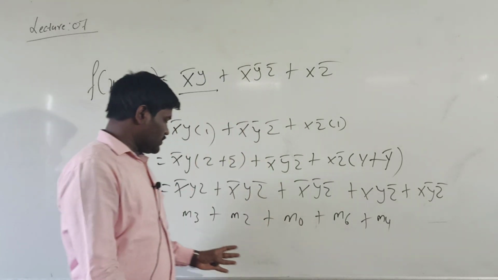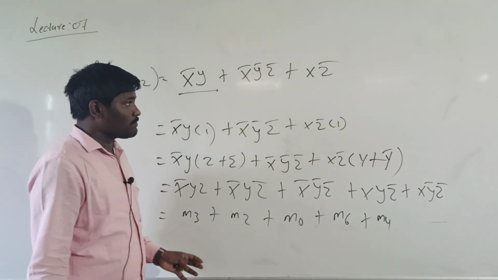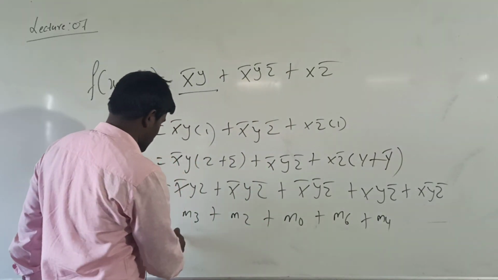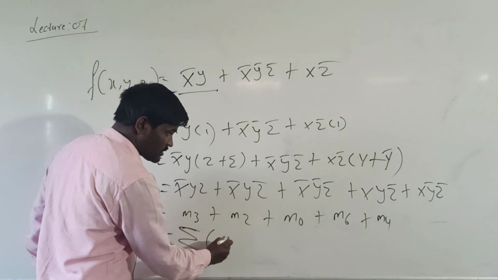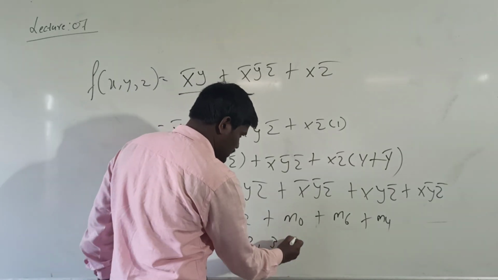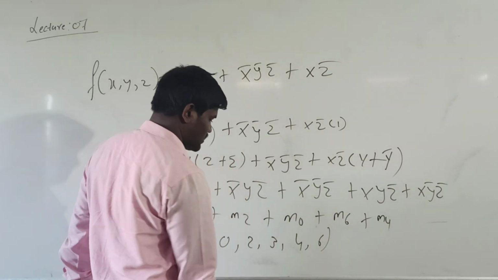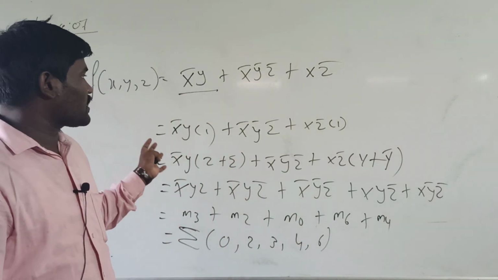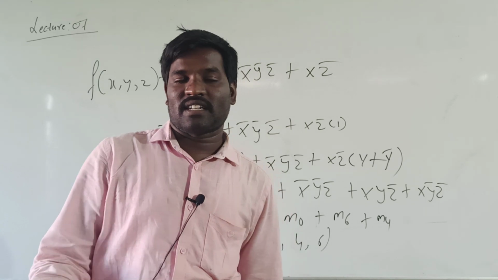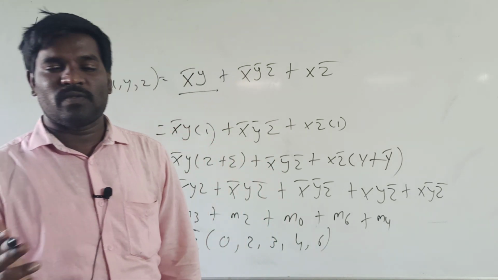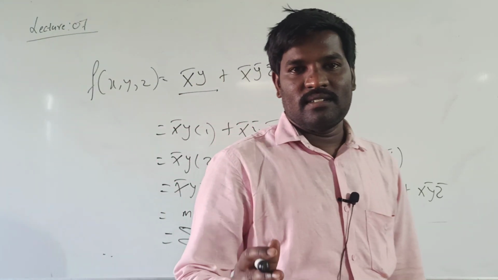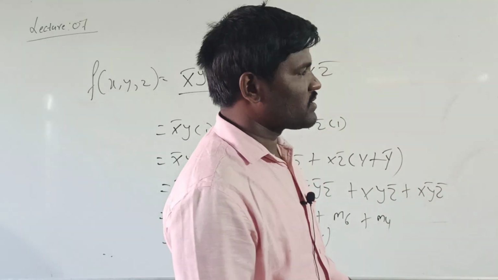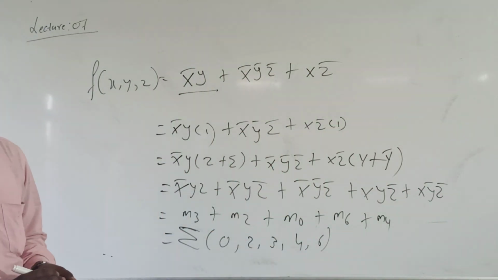These are all the positions. Next we write the summation of 0, 2, 3, 4, 6. Like this we can convert the given sum of product into canonical form. So this is another example for canonical form.